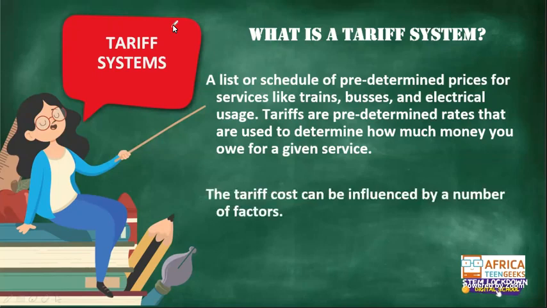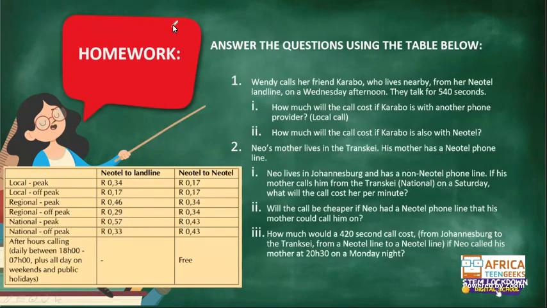And then, like I mentioned, tariff cost can be influenced by a number of factors. And we've gone through those factors, for example, duration and distance, and even just a number of consumers or customers, location.